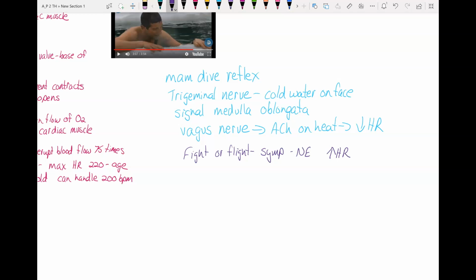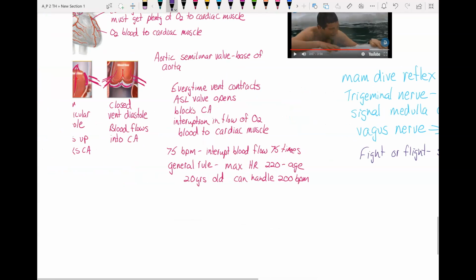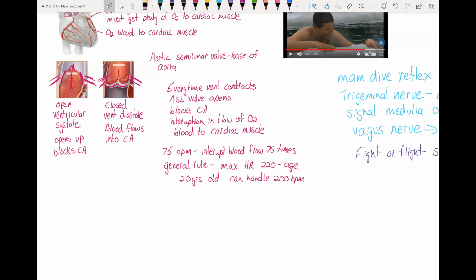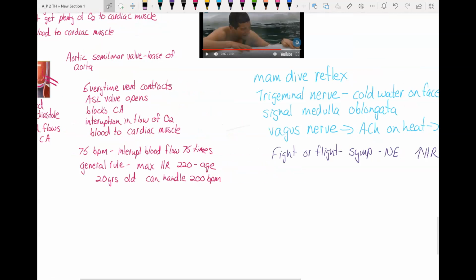Well, cardiac arrest is another way of saying heart attack. So he's saying he's panicking, which is making his heart rate go up, and that increased heart rate means that every time that ventricle contracts, he's blocking the blood flow into his coronary arteries, and he could actually exceed that maximum safe heart rate and not get enough oxygenated blood to his heart and have cardiac arrest as a result of his heart beating too fast.